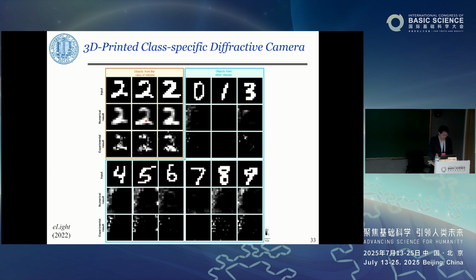To achieve the reliable class-selective behavior, the training of these diffractive cameras involves a carefully constructed loss function shown here, which explicitly separates the response for positive and negative classes. For the desired class, the positive loss function facilitates high-fidelity reconstruction by using both the normalized mean square error and the value of 1 minus the Pearson correlation coefficient.